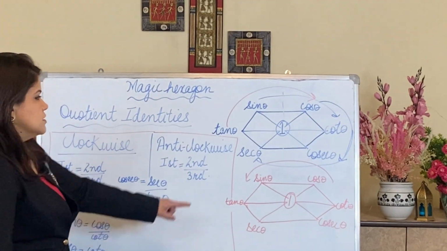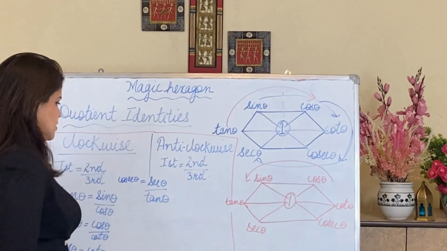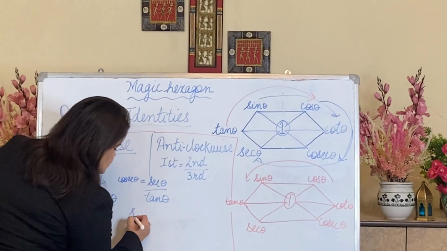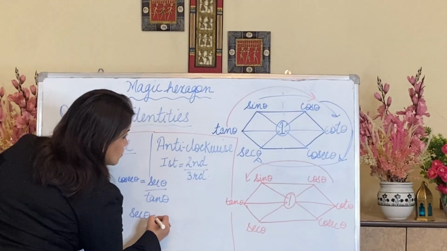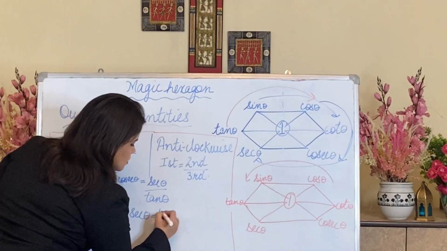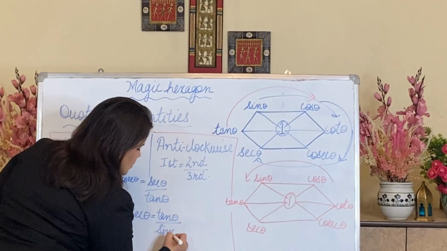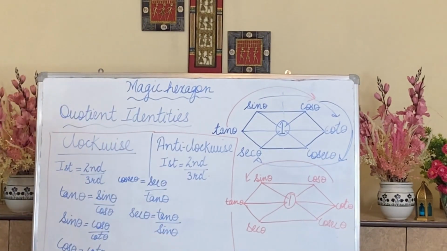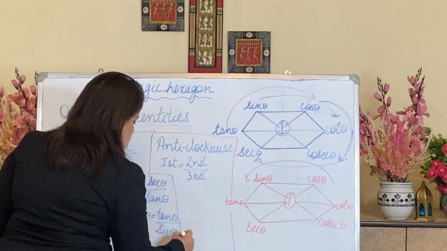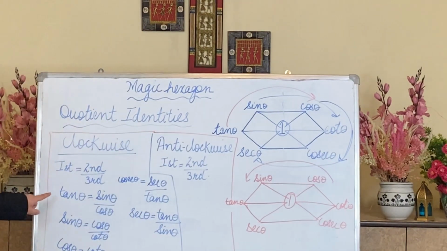What is that? Secant, tan and sine. So I will be taking secant theta equal to tan theta upon sine theta. So this was only from clockwise direction. I was getting 6 trigonometric identities.